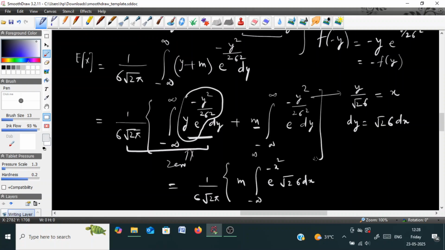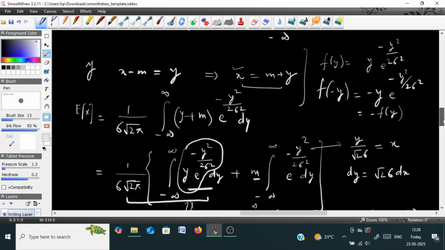Okay, and if you take under root 2 sigma outside, then the integral of e raised to power minus x square dx is under root of pi. Okay, so ultimately you get sigma under root 2 pi divided by sigma under root 2 pi multiplied with m. So this gets cancelled. You'll see that the mean value of this random variable is m.